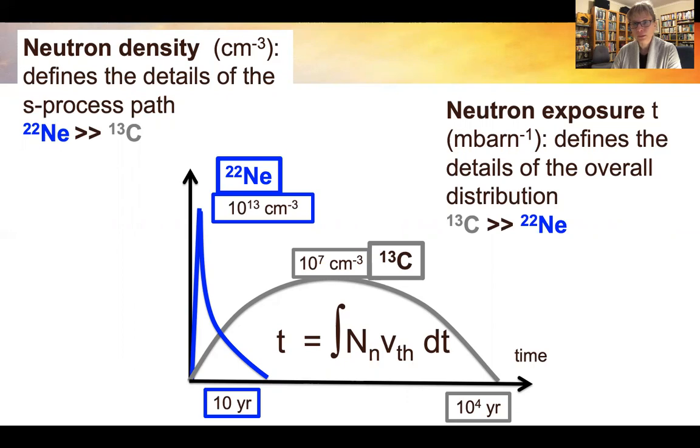So if I integrate this, I've got 10 to the 4 years. So I've got neutrons released at 10 to the 8 neutrons per cubic centimetre over 10,000 years, compared to, say, 10 to the 13 over 10 years. So the overall exposure is much, much lower. And this means that the distributions are very, very different.